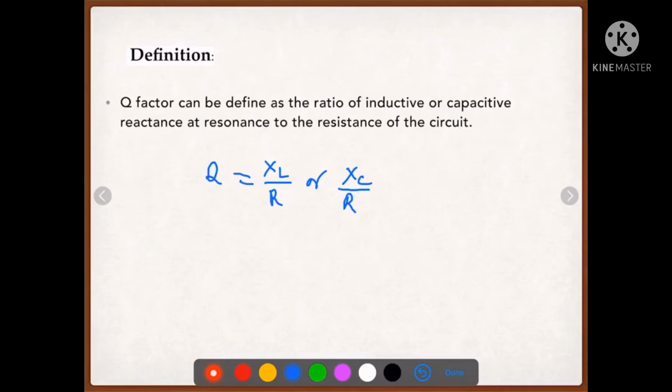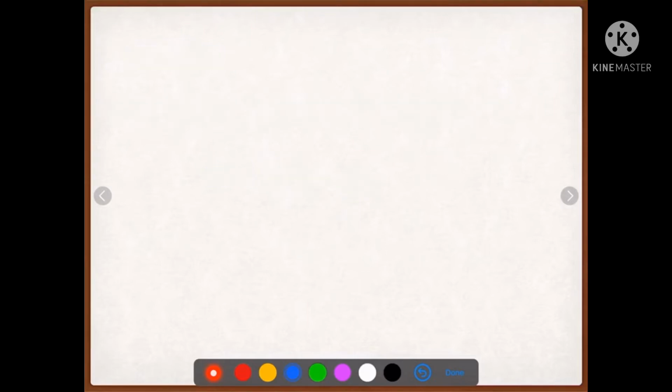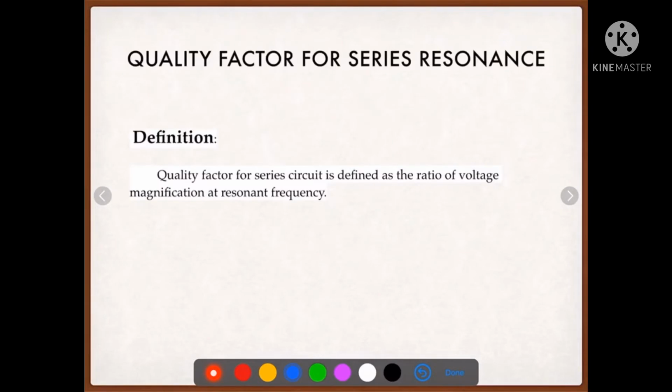But if you want to go in depth, then you have to see some more part of this video. If they ask specifically for a series resonance circuit, then you are supposed to give this definition.